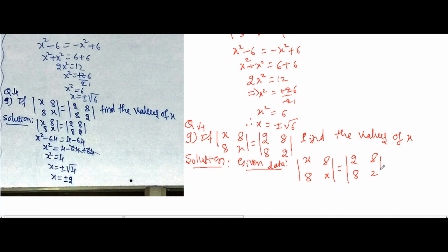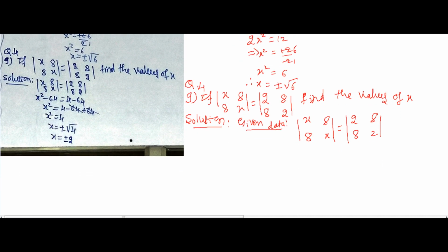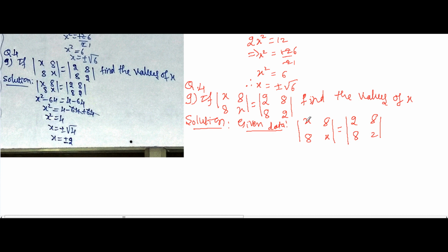Okay? So then just you can do the determinant in the similar fashion. So this x into x, that is x square, minus that 8 into 8, so minus 64, which is equals to 2 into 2, that is 4, minus 8 into 8, 64.